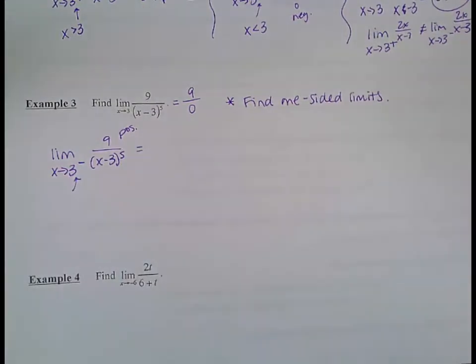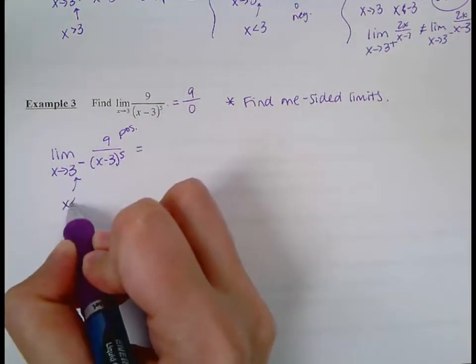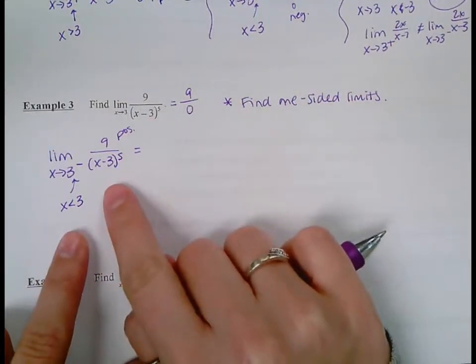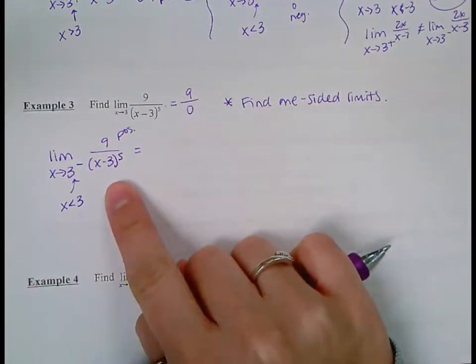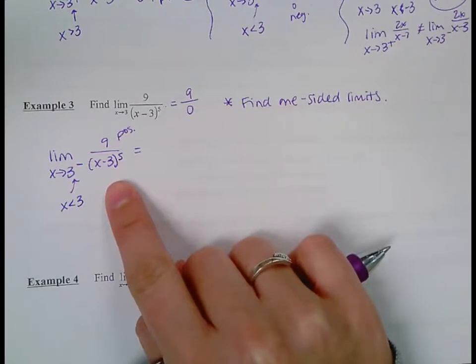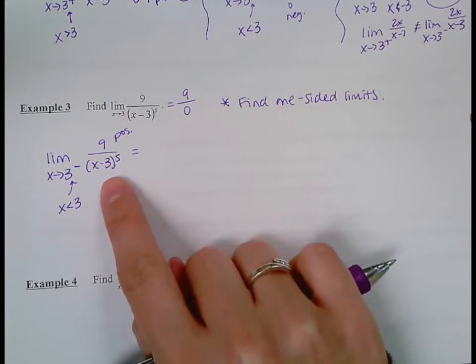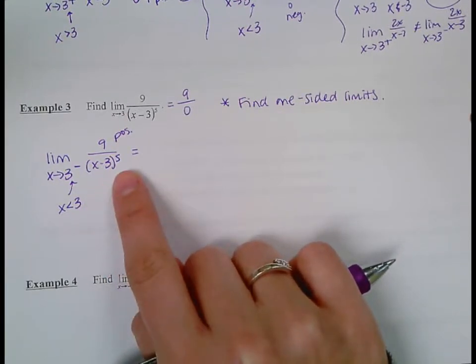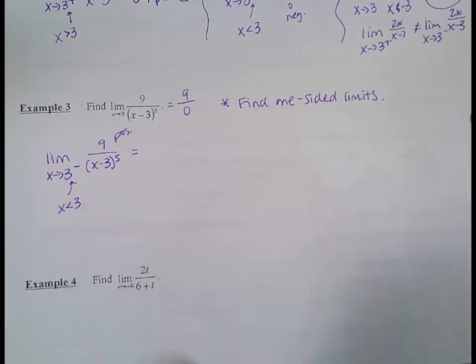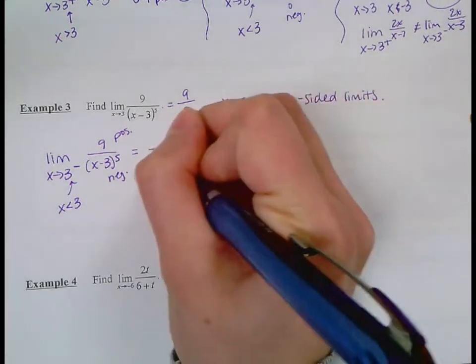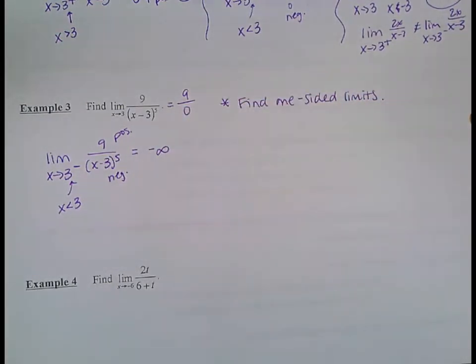But I'm approaching 3 from the left, so my x values are less than 3. And does that mean the 0 on the bottom, that I'm approaching 0 from the negative side or from the positive side? From the negative side. Numbers smaller than 3, subtracting 3 is negative, to the 5th power is still negative. So this would be a negative on the bottom, meaning from the left, it's a negative infinity.